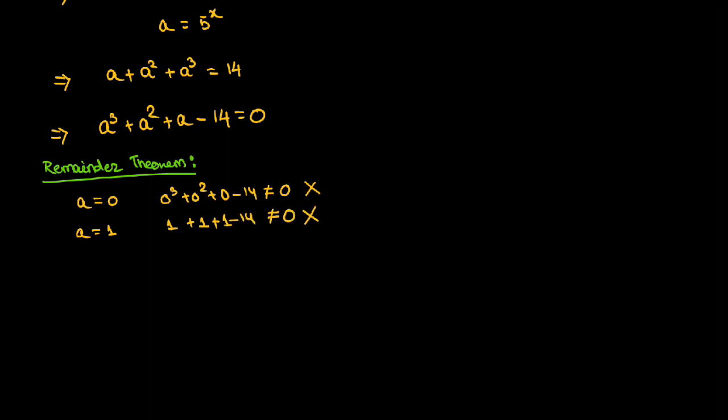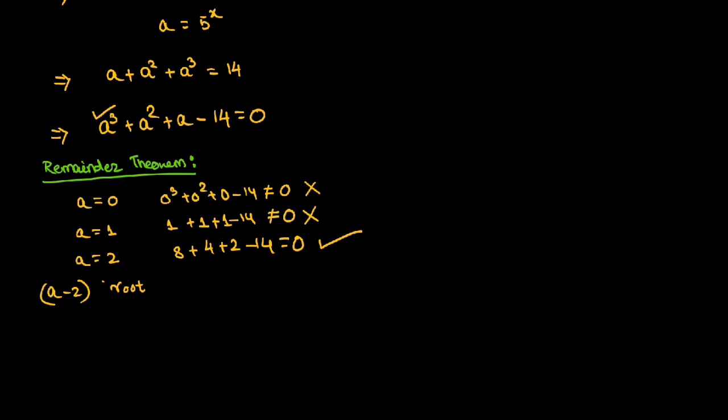Hence, this is also not a root. Now, apply a equal to 2, then 2 cube is 8 plus 2 square is 4 plus 2 minus 14 is equal to 0. And hence, we can say that a minus 2 is a factor, a equal to 2 is the root for the equation a cube plus a square plus a minus 14 equal to 0.